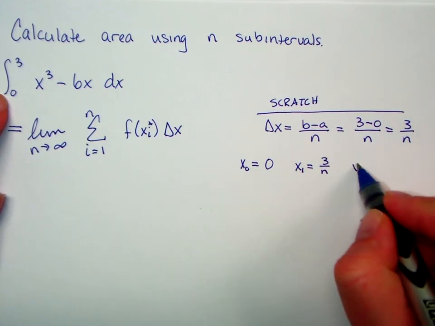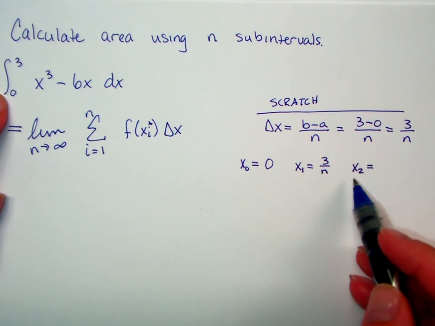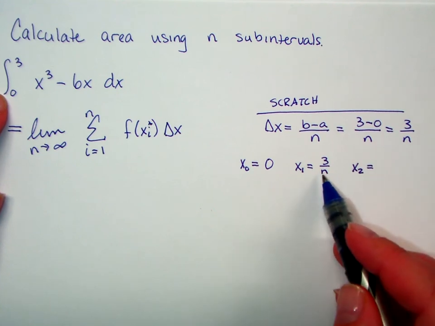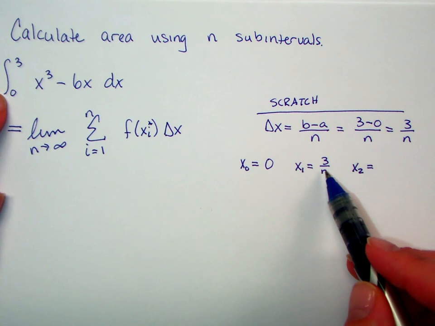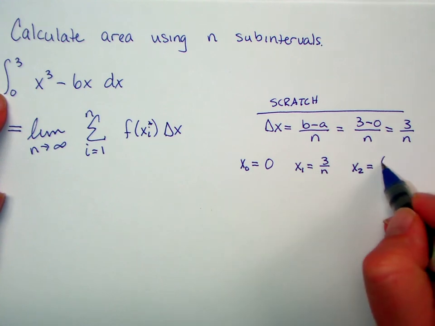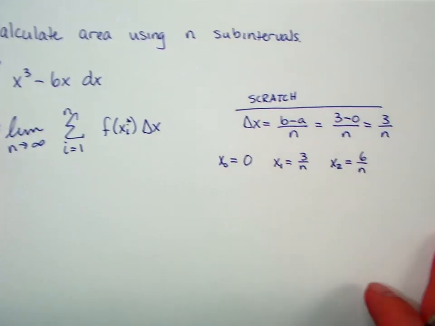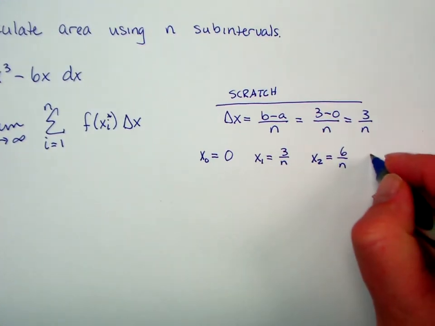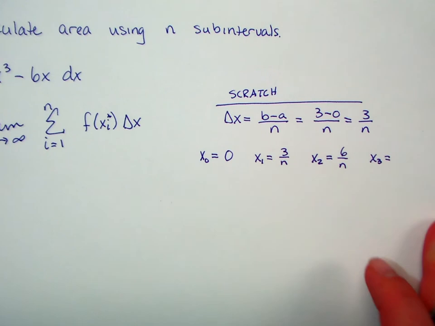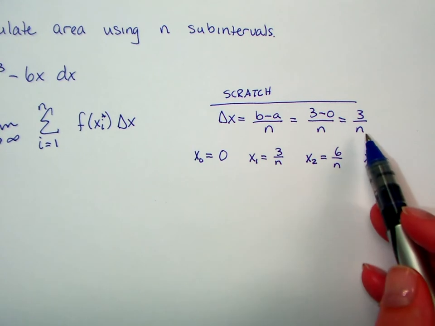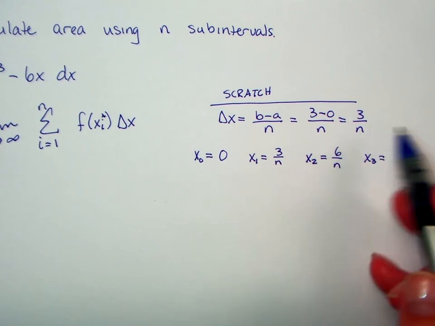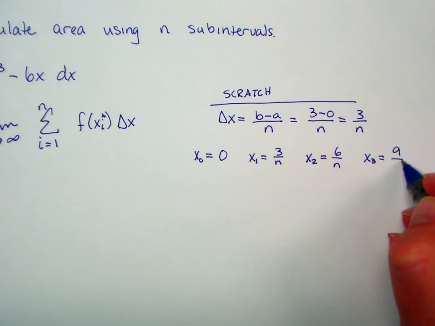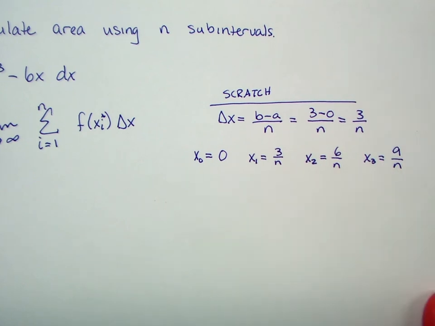And x sub 2 is delta x distance away from x sub 1. So I'm just going to add delta x to x sub 1, and so I'm going to get 6 over n, right? So x sub 3 is, again, another delta x away from x sub 2. So if I do 6 over n plus 3 over n, I'm going to get 9 over n, right?